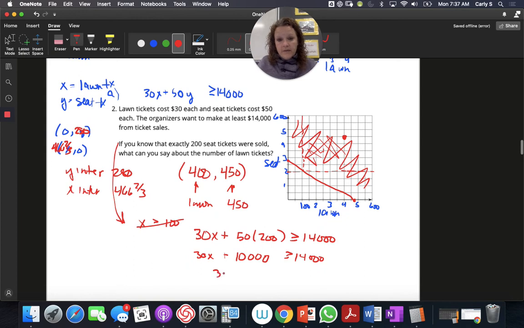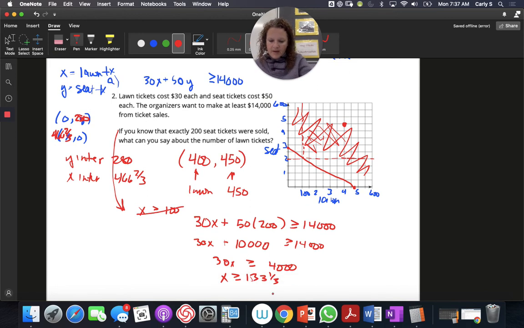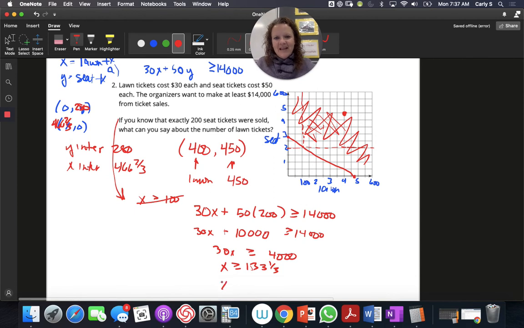So I have 30x is greater than or equal to 4,000. And x is greater than or equal to 133 1/3, which is not possible. So we need x greater than 134. Which makes sense. Like, my graph is just not that accurate.